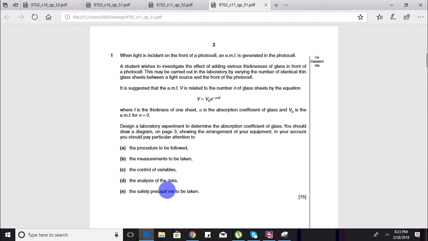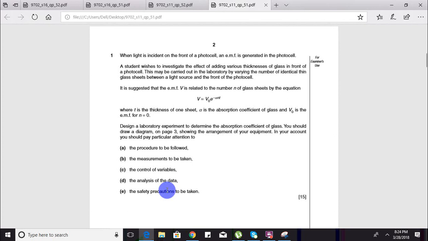And to see if the intensity reaching the photocell is the same, you can have some sort of an intensity meter, like a light dependent resistor positioned at a set distance for each repeat of the experiment, to see whether or not the intensity is the same each time.